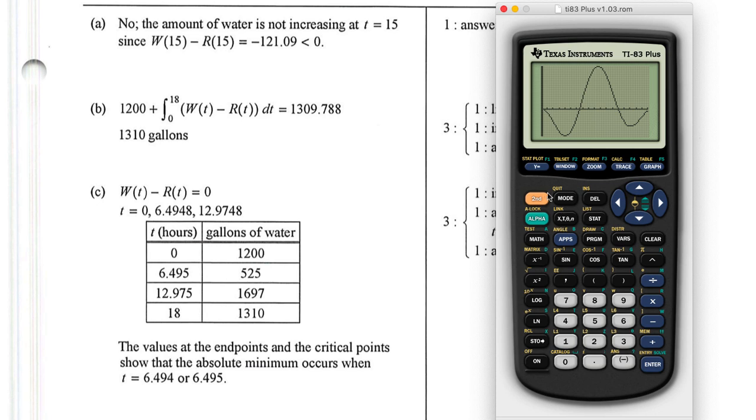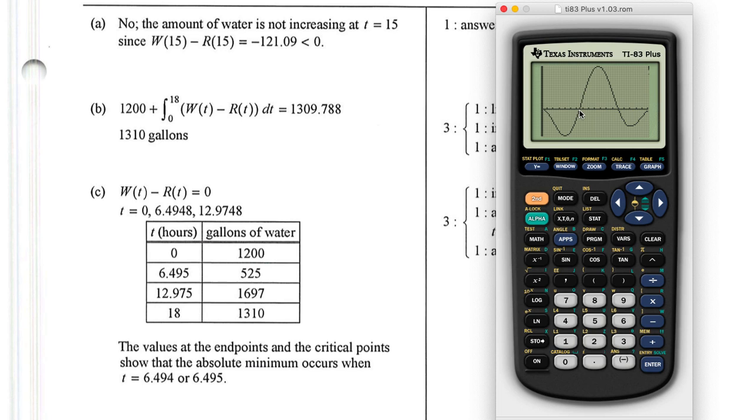How do you find those values? You do second trace to calculate the zeros. So I hit 2, and I know that it's going to be 6.495. I'm going to guess here 1. I'm going to guess the end boundary is 10, and any value in between, like 2, will give me the exact value of 6.495.